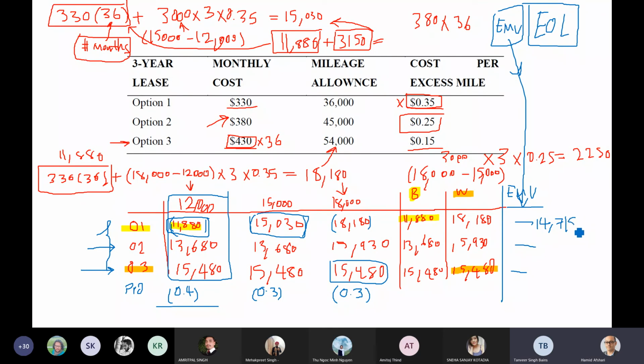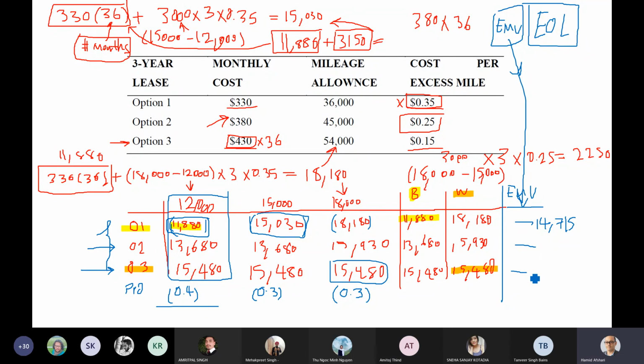Okay, next option. Can another group calculate the third one? It's 15,480 for the third one.